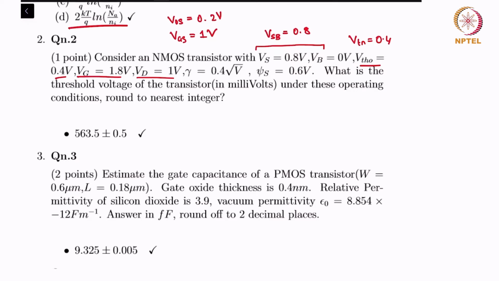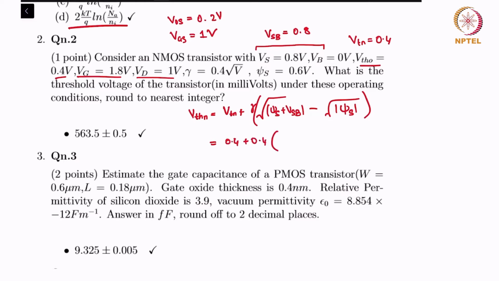Initially, let's look at what the VTHN is going to be, which is VTN plus gamma times square root of mod psi s plus VSB minus square root of mod psi s. Substituting the values, 0.4 plus 0.4 times square root of (psi s is 0.6, 0.6 plus VSB is 0.8) minus square root of psi s, 0.6.